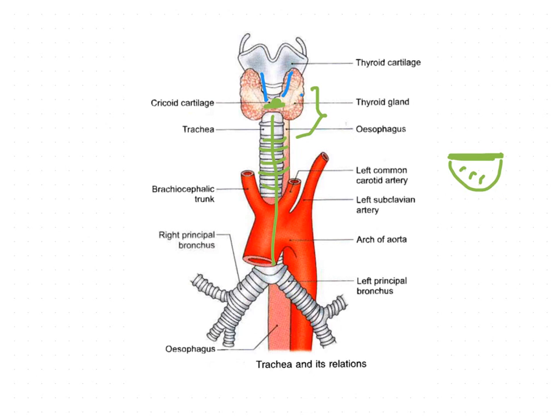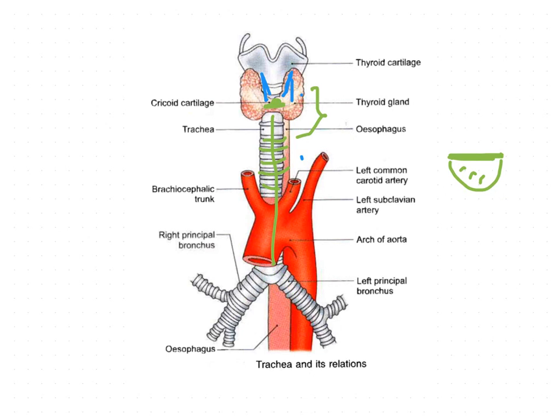So the medial surfaces of these two lateral lobes are related, and also the inferior thyroid arteries, and also the common carotid arteries within the carotid sheath.